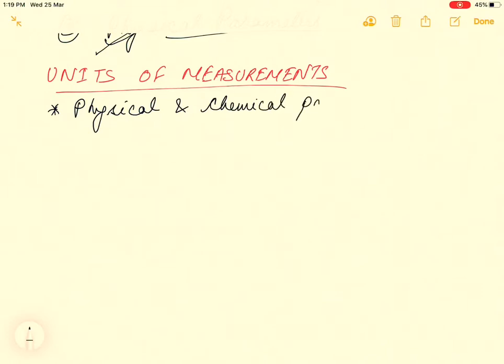We have completed our physical parameters, so we'll be starting chemical parameters today. But just before that, it's better to mention the units in which they are measured.